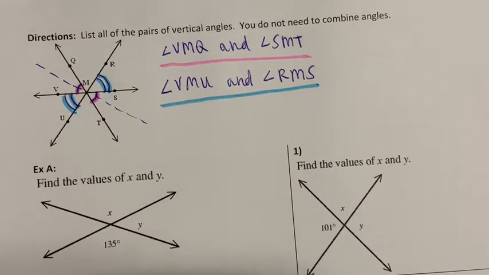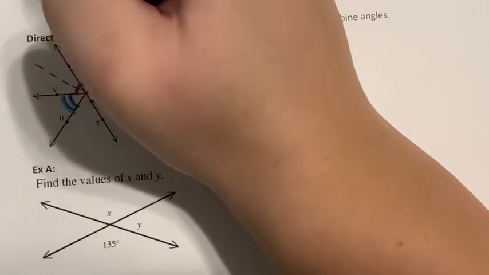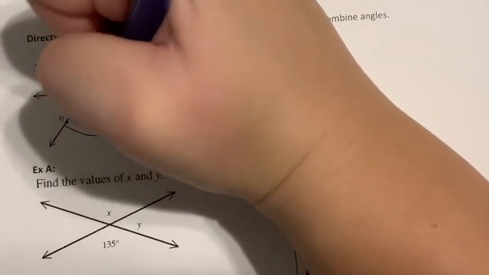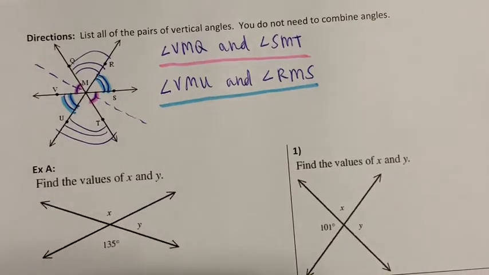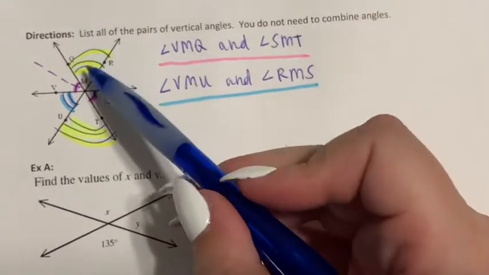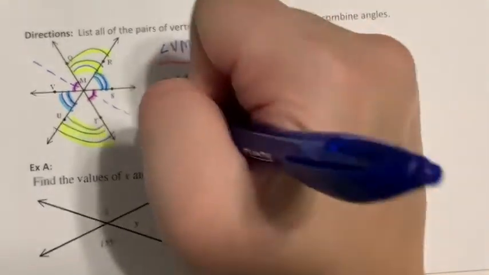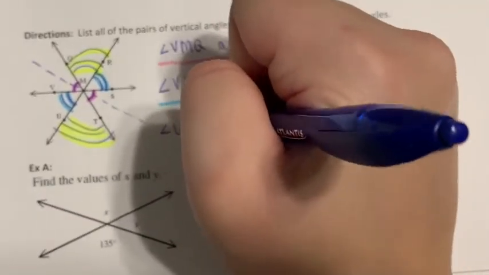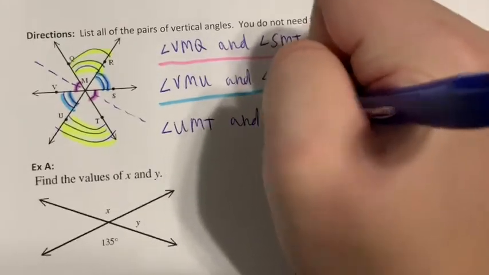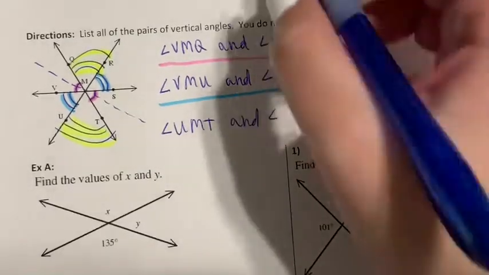And then I have one last pair. I'll use 3 tick marks for these ones: 1, 2, 3. So my last pair of vertical angles here, I can say angle UMT, and the angle opposite of it would be angle QMR.